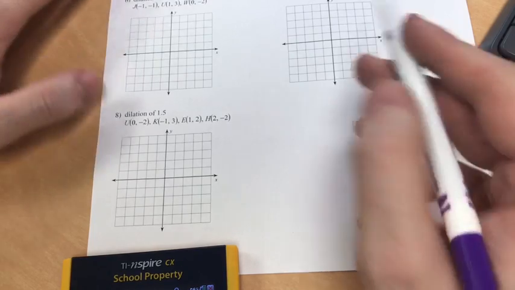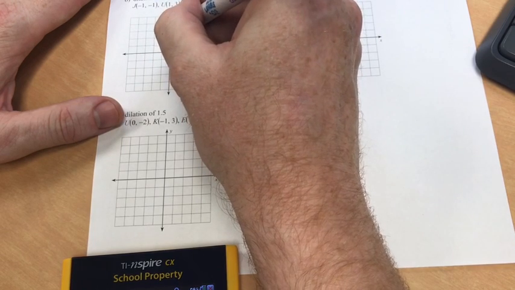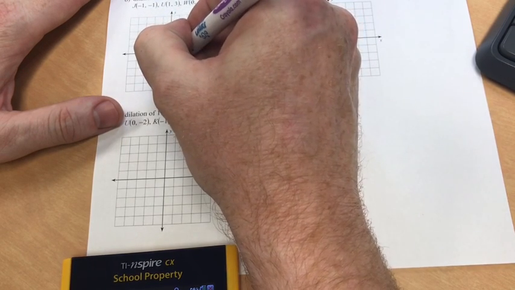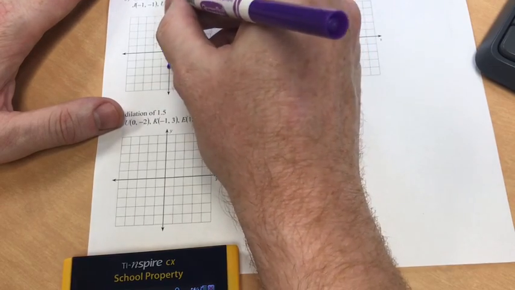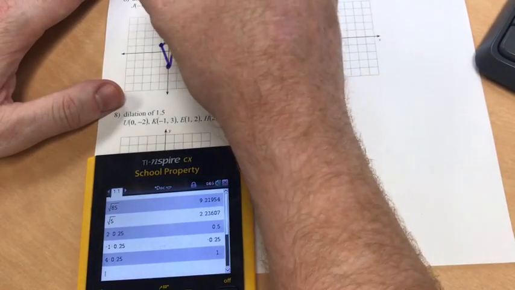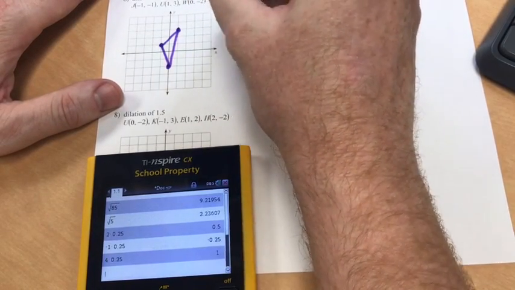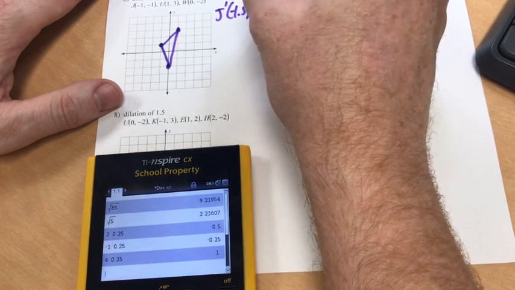If they ask us to graph it, negative 1, 1, 1, 3, 0, negative 2. My dilation of 1.5 means it's going to be 1.5 times bigger. So when I multiply, j prime becomes negative 1.5, negative 1.5.